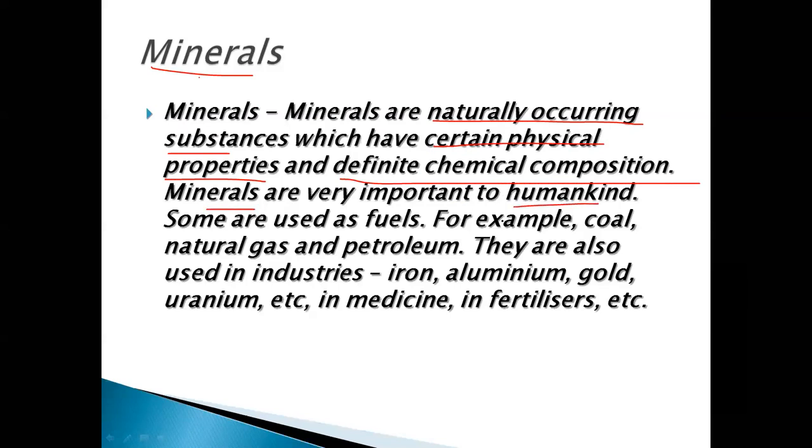If there is no coal, there are no proper roads. If there is no petroleum, we cannot ride a scooter, car, etc. Iron, aluminium, gold, uranium are also types of minerals. Minerals are used in medicine, fertilizers, etc.